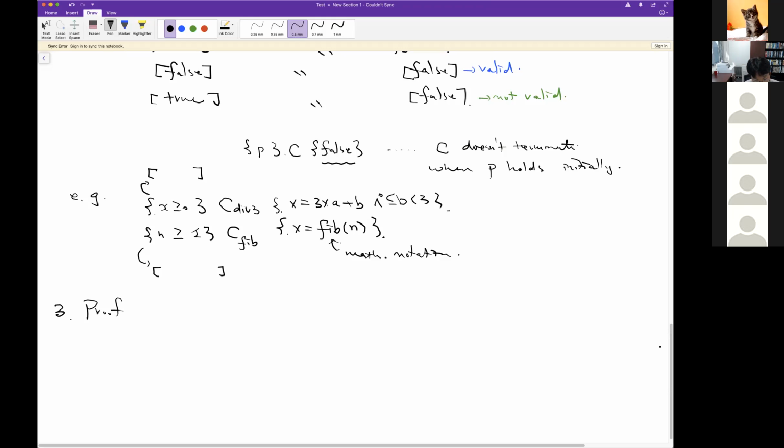From now on we'll focus entirely on partial correctness. We are given such a partial correctness triple, so the question becomes, how can we prove it? Hoare logic comes with a bunch of so-called proof rules that allow us to do these partial correctness proofs.